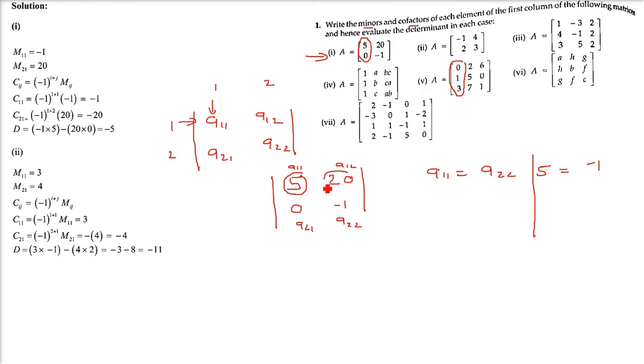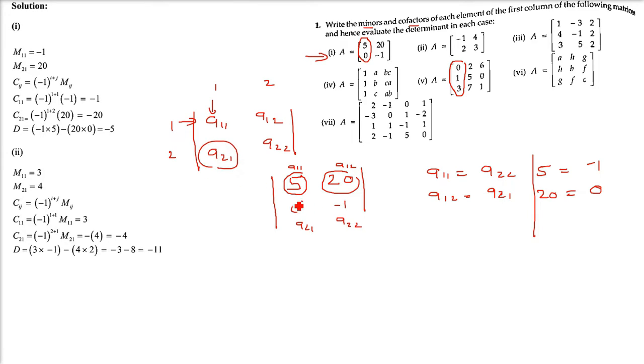Coming to A12. Similarly, the row and column intersecting A12 have to be left out, and only the remaining one has to be written. So A21 it will be. The minor of A12 is A21, so the minor of 20 is 0.